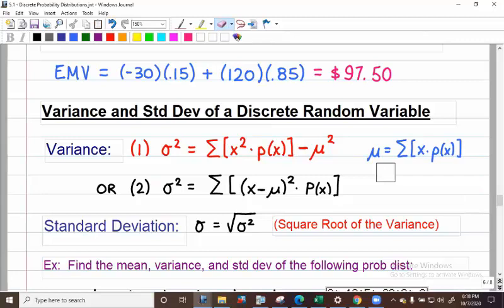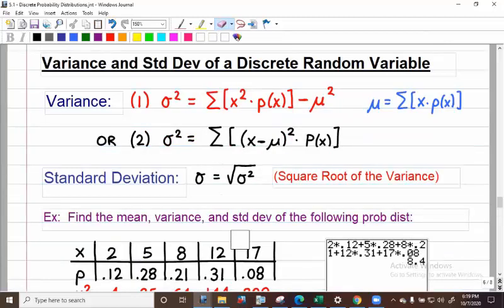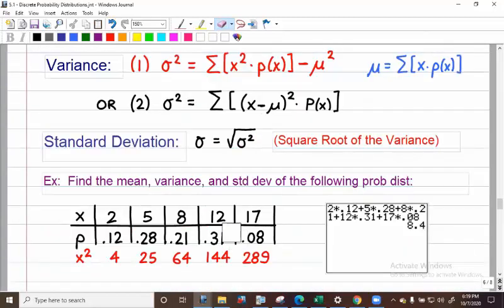Now, there are two different formulas you can use. And as I've said a couple times before, this is always going to be true the entire semester: anytime you have a variance formula, the standard deviation will automatically be the square root of that variance formula. So standard deviation will be the square root of the variance. Now, let's come down here.